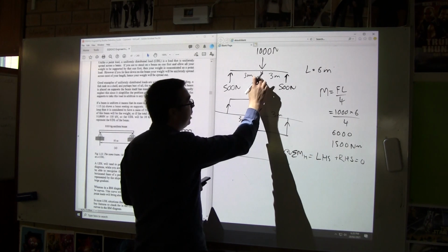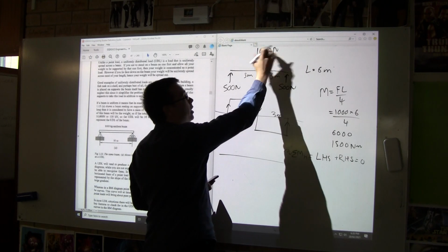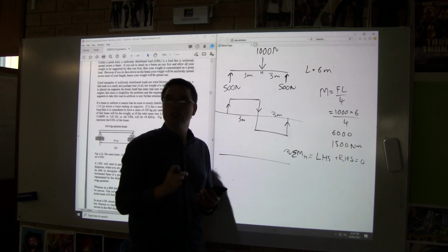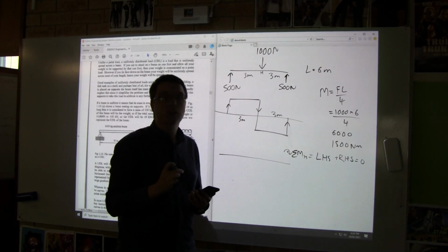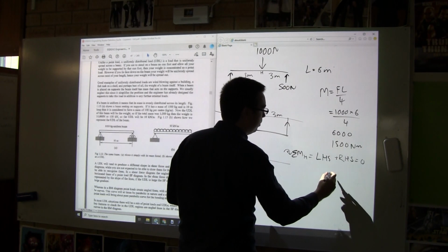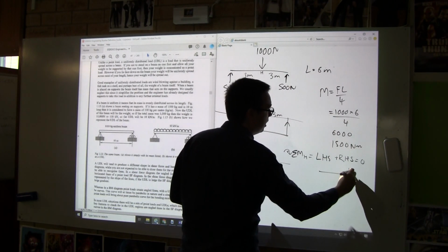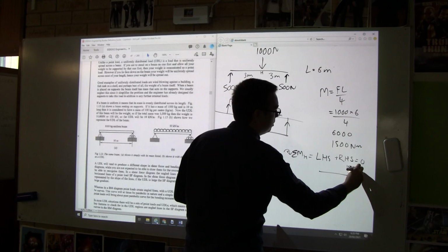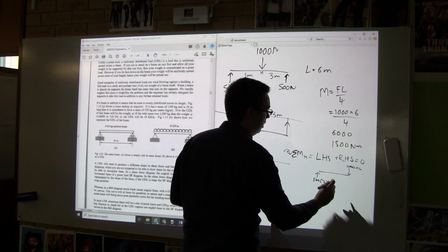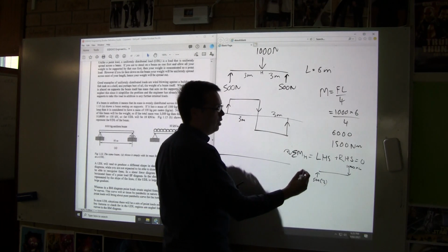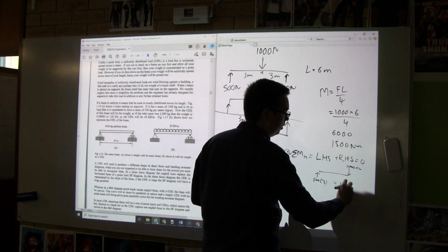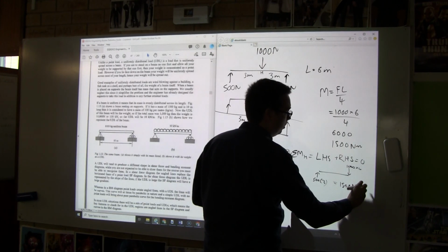Remember that this 1,000 newtons has what distance from point H? 0 meters. So the left-hand side is going to have 1,000 times 0, and 500 times 3. We're going to have a turning moment going clockwise of 1,500 Newton meters.